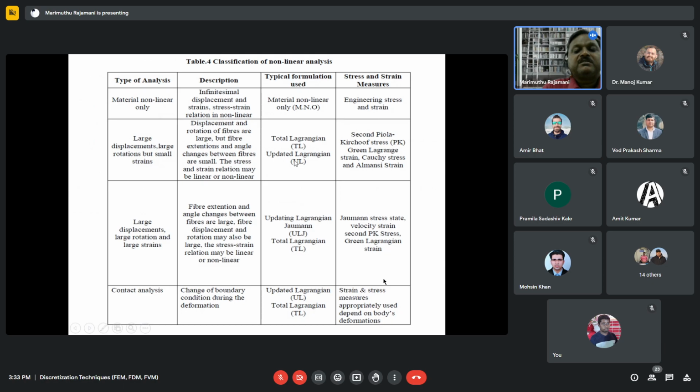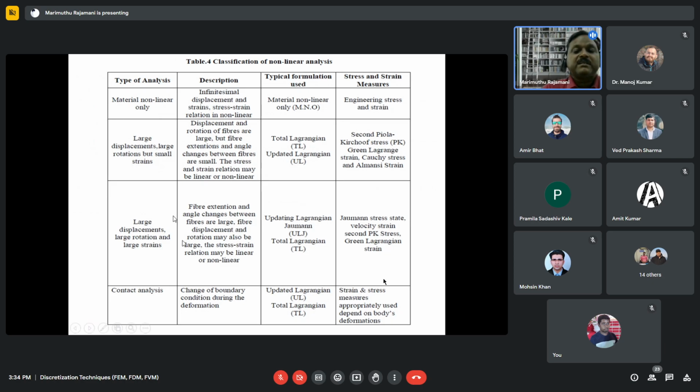Total Lagrangian is the approach where everything is referred to the original undeformed configuration. In updated Lagrangian, the previously deformed converged configuration is taken as the reference. It keeps moving. Whereas in total Lagrangian, the configuration originally considered before loading is used till the end.